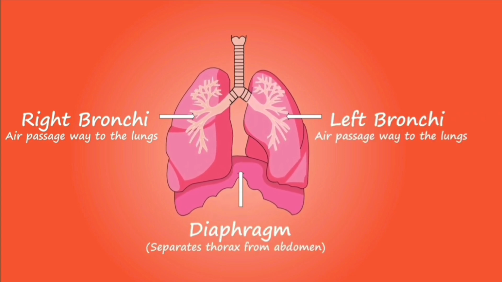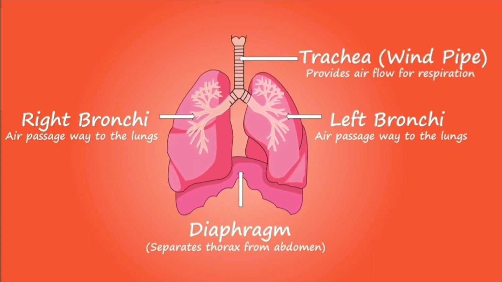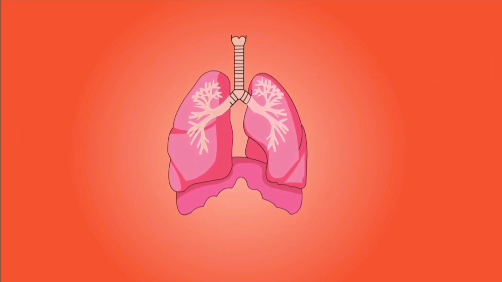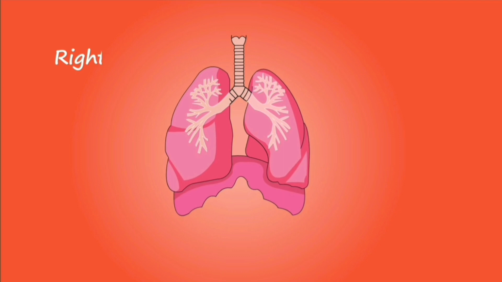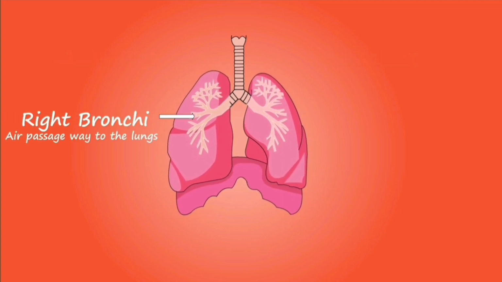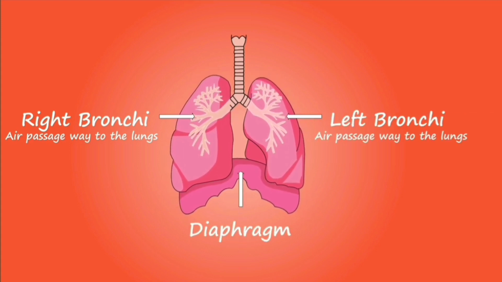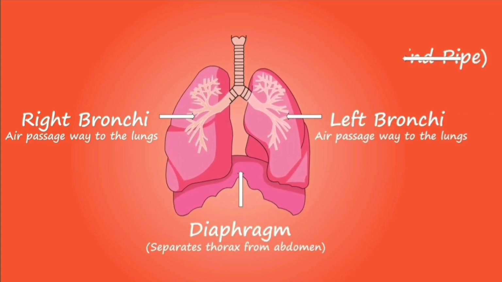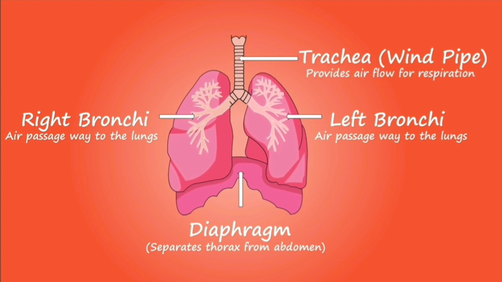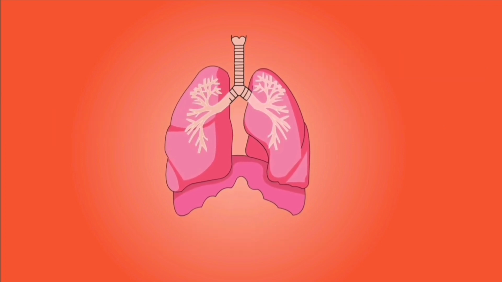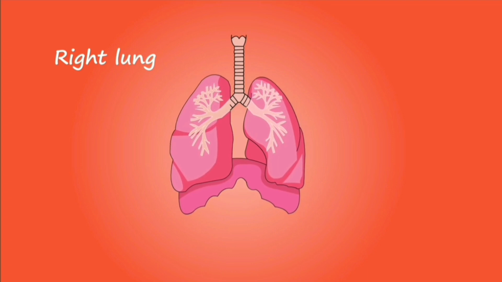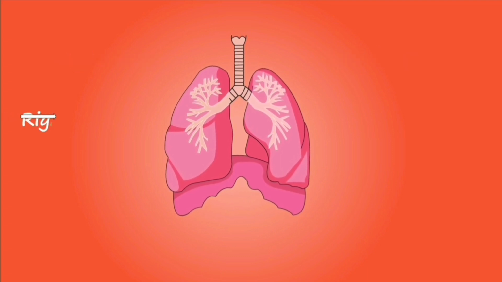The lungs are covered by a membrane known as the pleura, and this pleura has two layers. One lies on the lungs and the other lies on the thoracic cage. So there is a potential space between these two layers. The pleura produces a serous fluid known as the pleural fluid, which acts as a lubricant between the two layers.